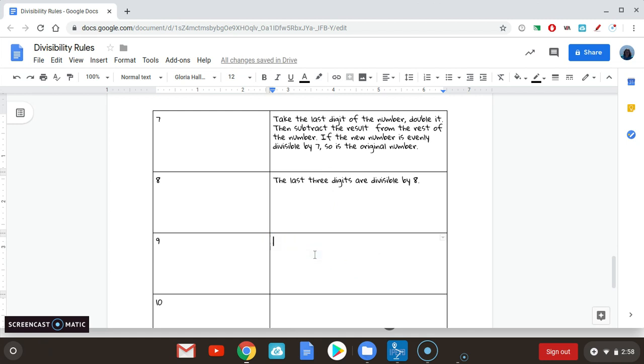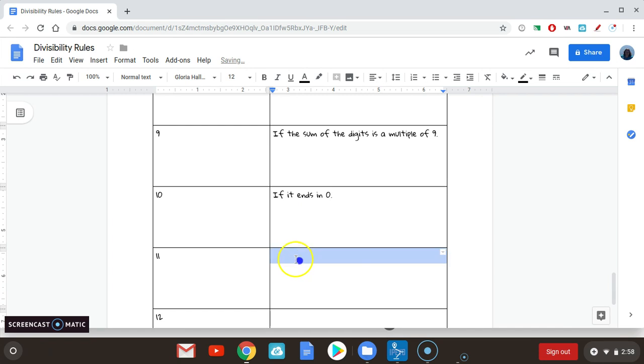For 9, you are going to do the same rule as 3. If the sum of the digits is a multiple of 9. When we looked at 3, it had to be a multiple of 3. When we look at 9, it has to be a multiple of 9. For 10, if it ends in 0, that is how it's going to be divisible by 10.